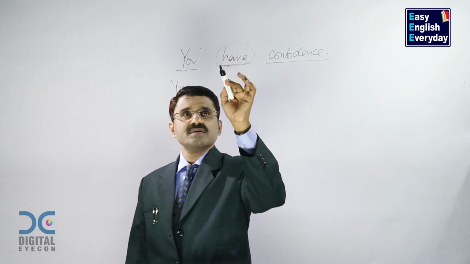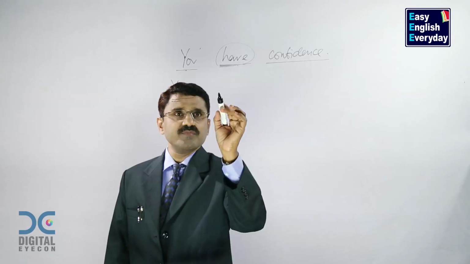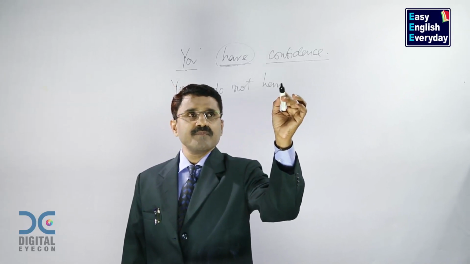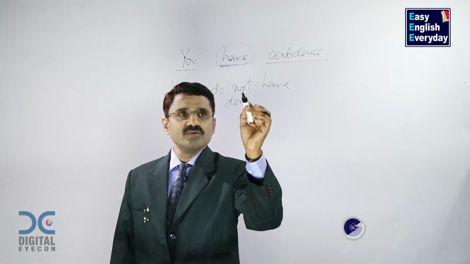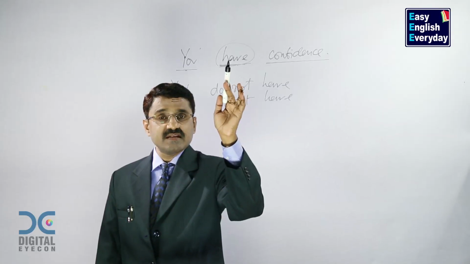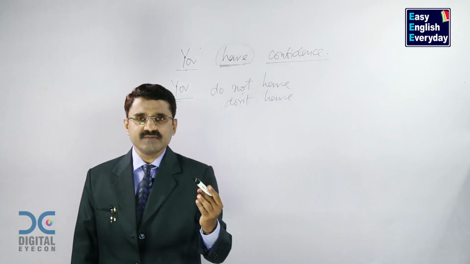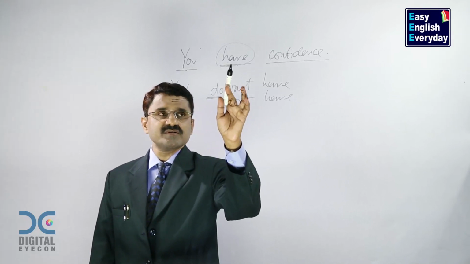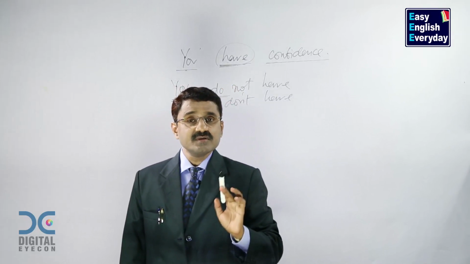Now see carefully, "have" becomes "do not have" or "don't have". Because when you convert this sentence from positive to negative, your job is to concentrate only on the positive form and the negative form.